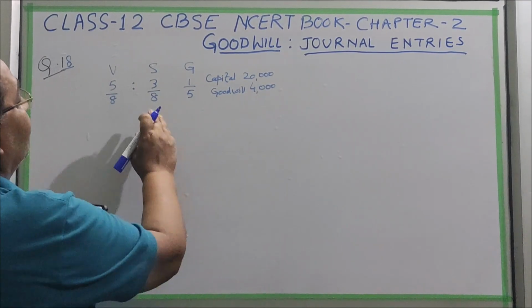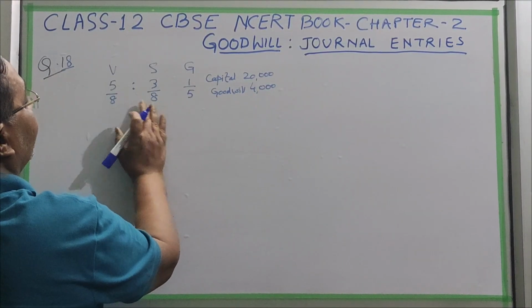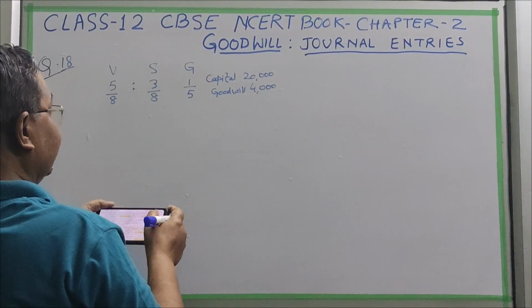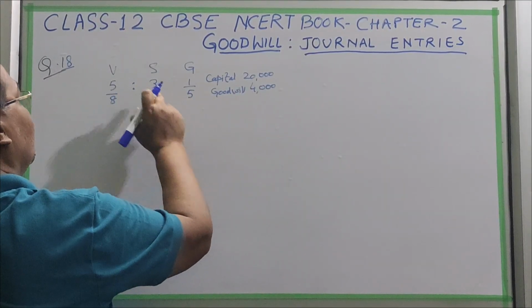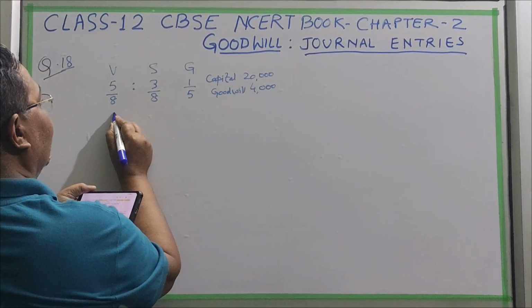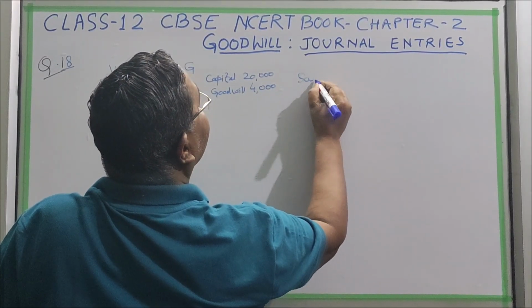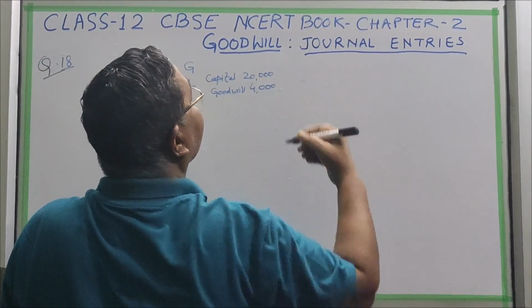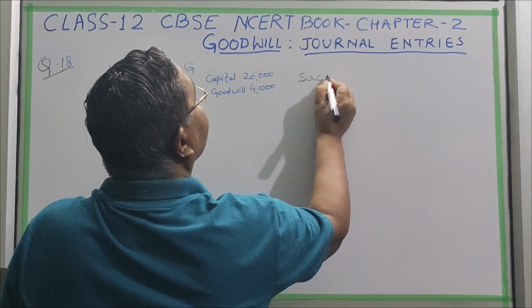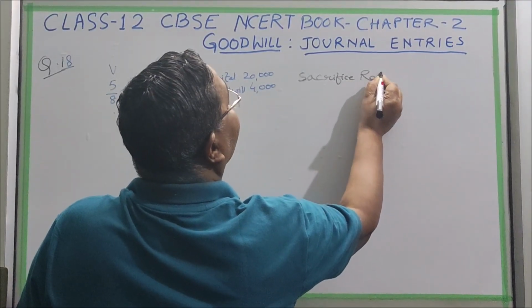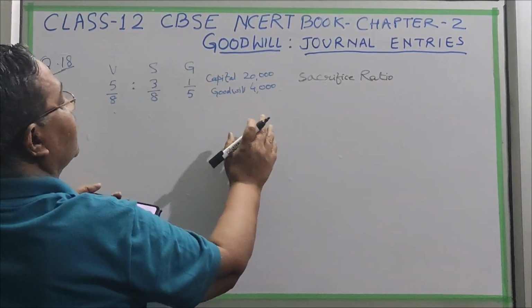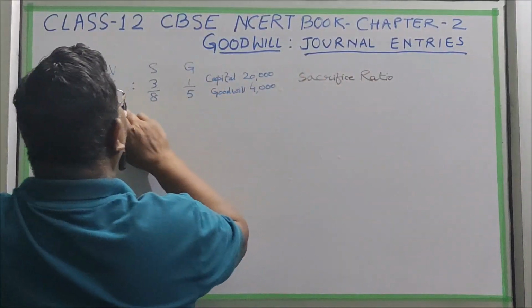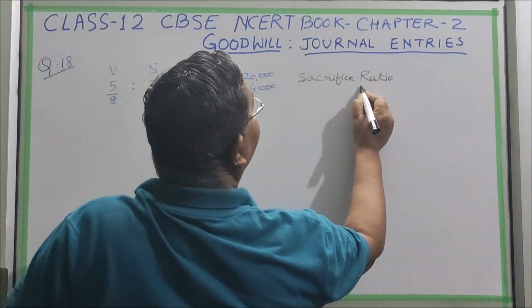Goodwill is always shared on the basis of sacrifice, so you have to find the sacrifice ratio first. When it is not given in the question from whom the new partner is acquiring his share, the sacrifice ratio will be the old partners' ratio, 5:3.